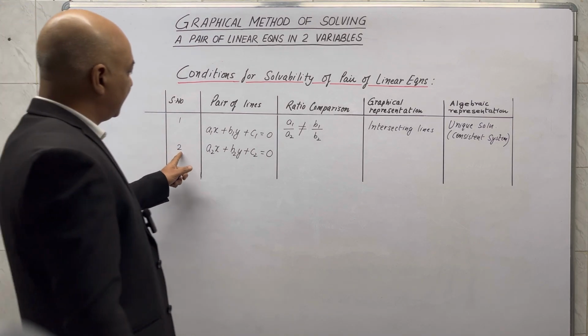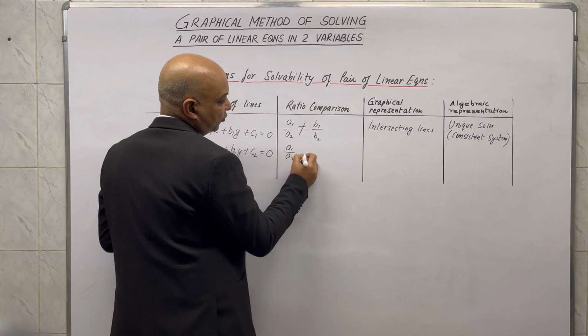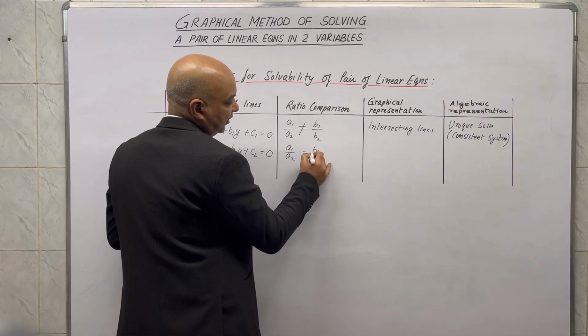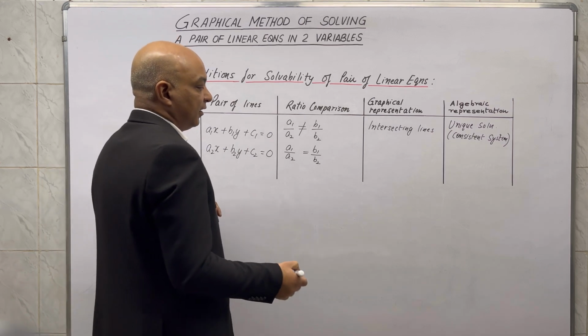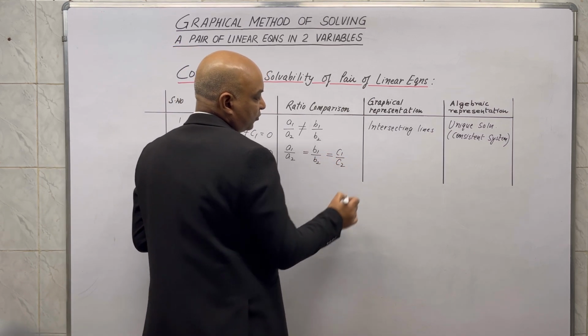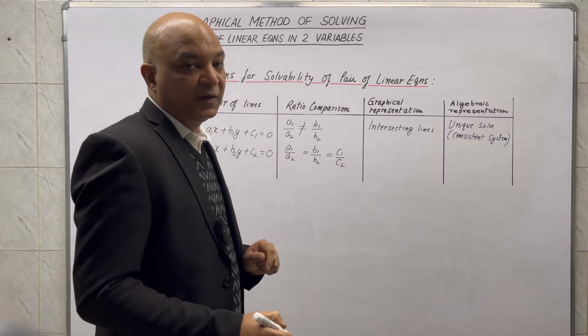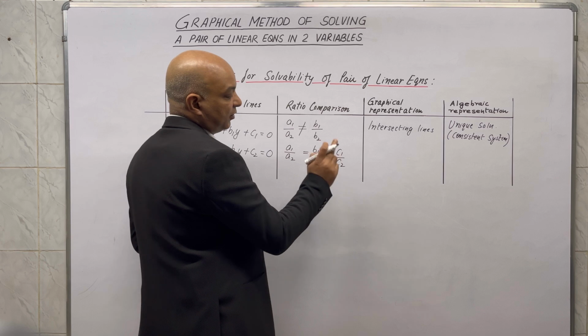The other possibility can be that a1 upon a2 comes out to be equal to b1 upon b2, and if we check c1 upon c2, that too comes out to be equal. So all the three ratios are equal to each other.